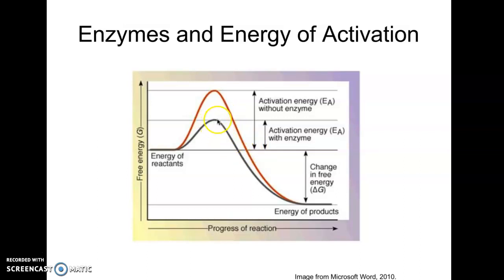But this is the activation energy without an enzyme. So we use a lot more energy, because remember, the higher we go up here, the more energy we are using. If we have an enzyme that will help, we use less overall free energy to get to the same exact product, okay? So just be aware of that.